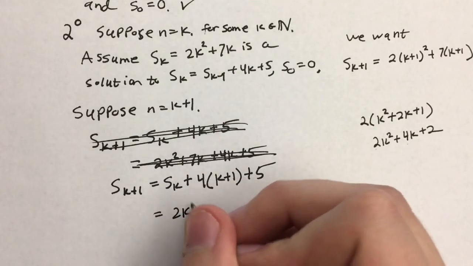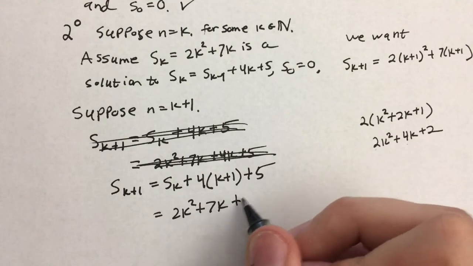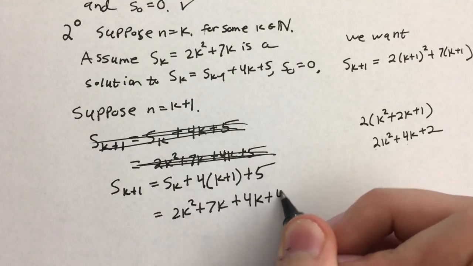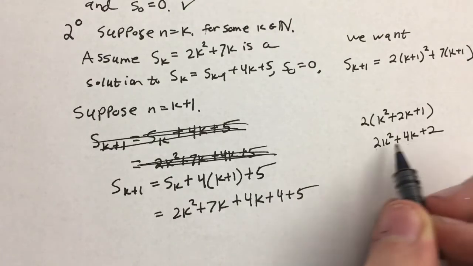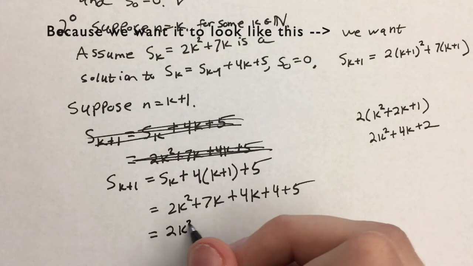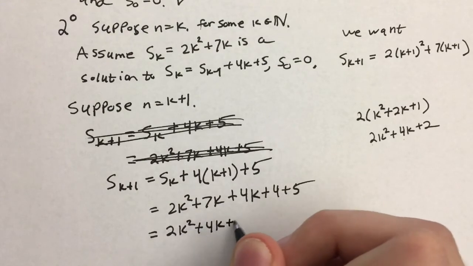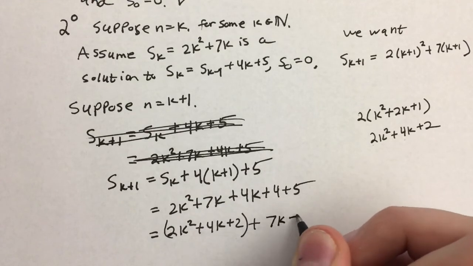This is 2k squared plus 7k, and we're gonna distribute this so it's 4k plus 4 plus 5. And so we're just gonna pull out this piece here that we want. So we're gonna pull out 2k squared plus 4k plus 2, and that's gonna leave us with just 7k plus 7, right?